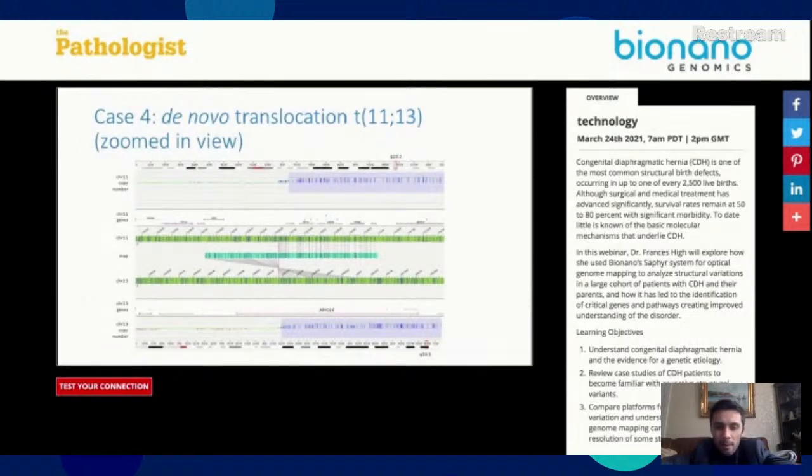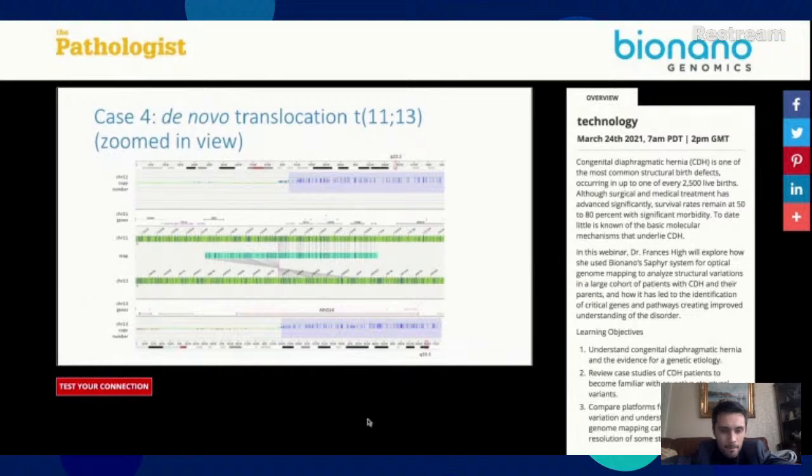This translocation is interesting. It's associated with a copy number gain on both chromosome 11 and chromosome 13. This slide just shows the mapping of the breakpoints at both chromosomes, 11 on the top and chromosome 13 on the bottom.